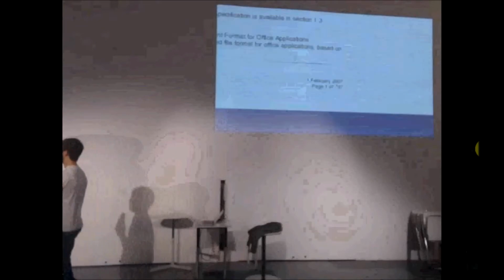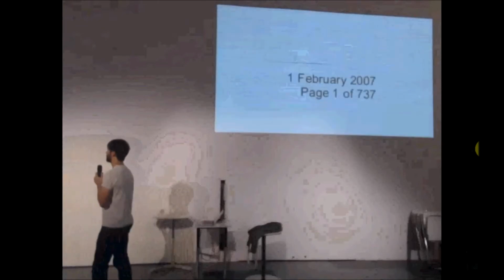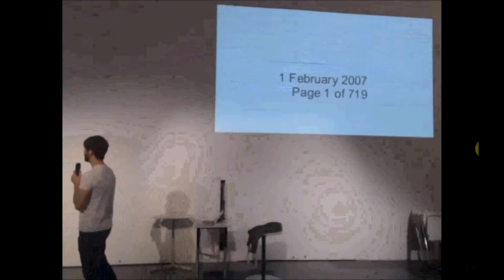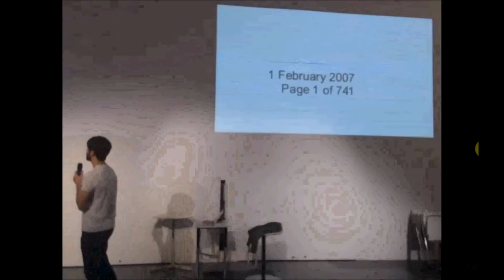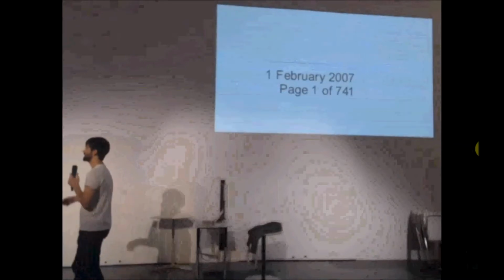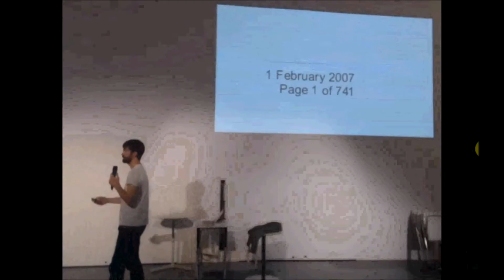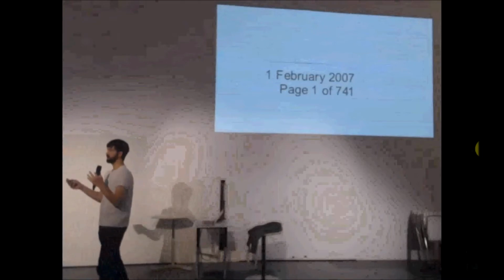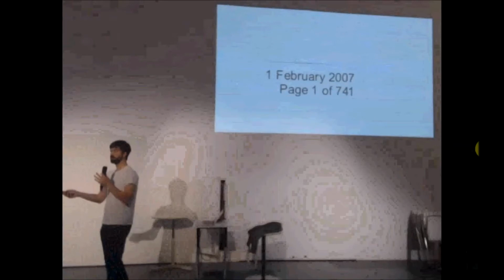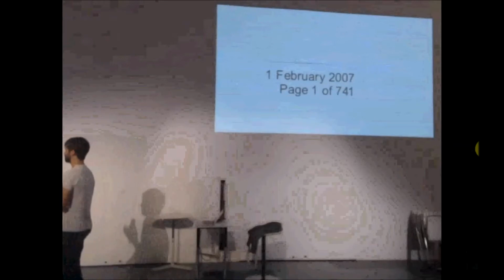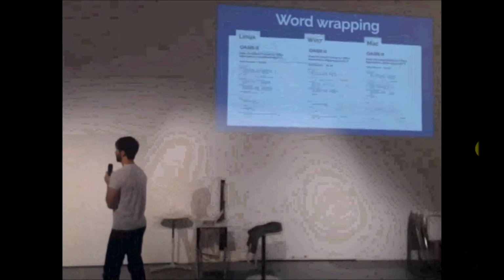And if you look in the bottom, this one says 737 pages, and this one says 719 pages, and this one on Mac says 741 pages. So even though it's the same piece of software, it's running on 3 different platforms, it has a totally different number of pages. And the reason is because the spacing in the text is different, so then the line wraps differently, and then the changes cascade down, and you end up with a totally different document when you print it out.